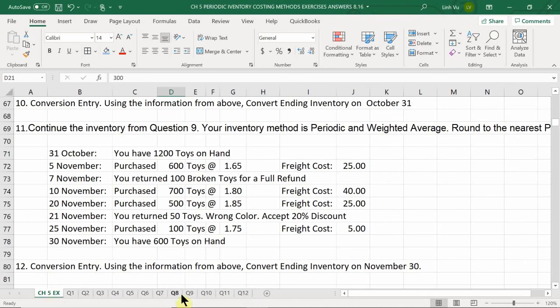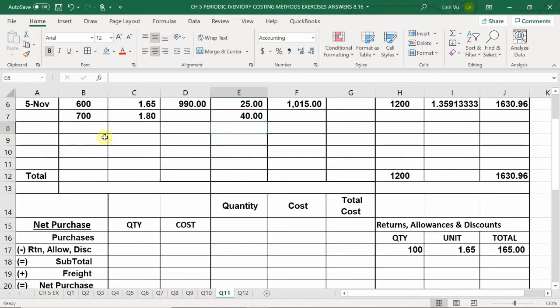Okay. So then, this is November 10. What is my total purchase price here? $1,260. Plus 40 gives me a total of 1,300. Good.